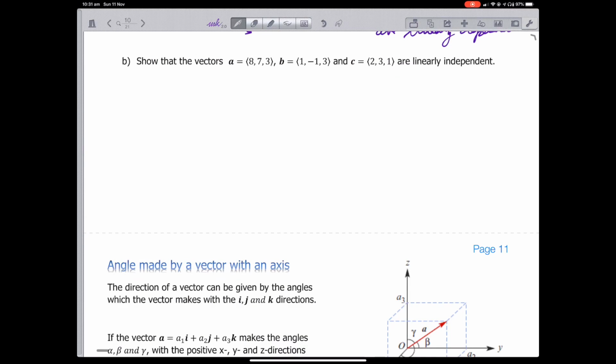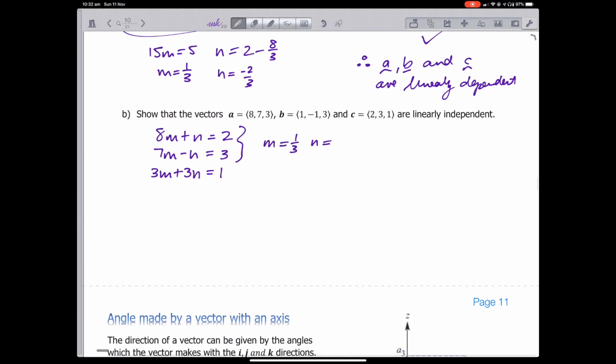But let's prove it. 8m plus n is equal to 2. 7m minus n is equal to 3. And 3m plus 3n is equal to 1. Now when we solve these, we just did it before, m equals 1/3, n equals negative 2/3.